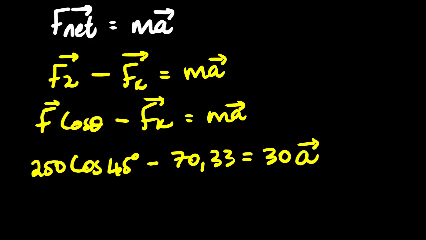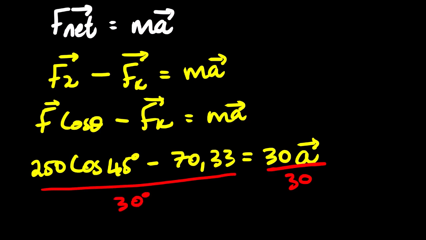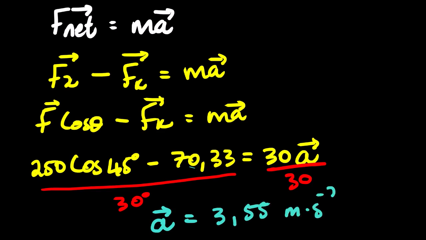Then from here we can just divide by 30 on both sides. I normally avoid clicking the calculator before the final answer. So just solve and then you can go ahead and punch the calculator. We get a positive answer, which is 3.55 meters per second squared.